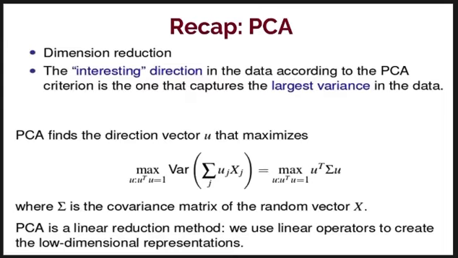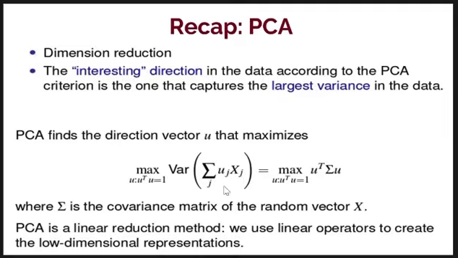Now, for better understanding, this is a recap on PCA. PCA also is about dimension reduction, and in PCA, what we're interested in is the interesting direction in the data, according to the PCA criteria, the one that captures the largest variance in the data. PCA is about variance maximization.